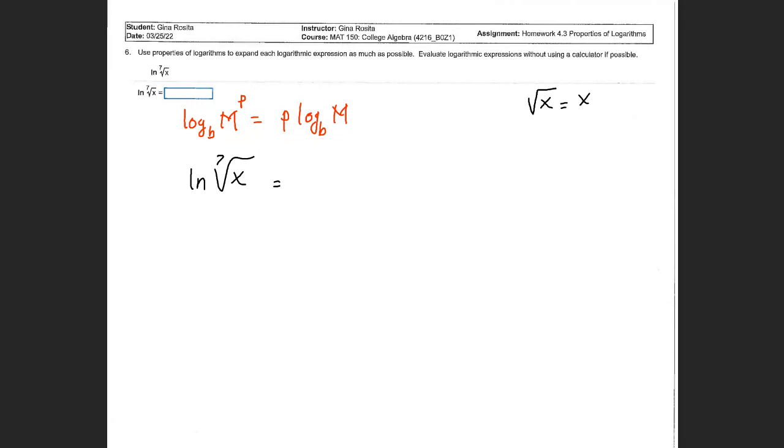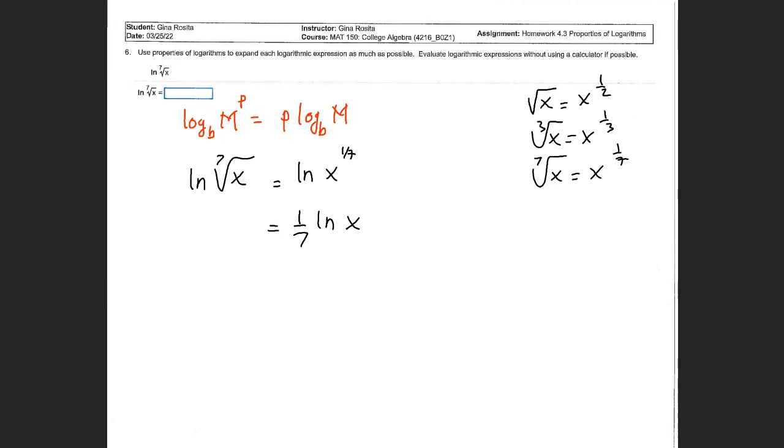So we can write it as x to the 1 over 7. For this one, natural log of x to the 1 over 7 becomes 1 over 7 times natural log of x. Okay, it's not hard, yeah?